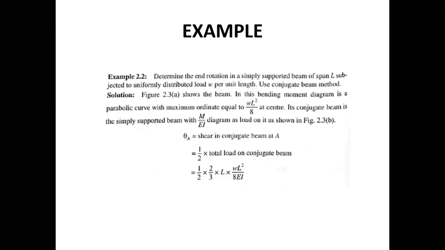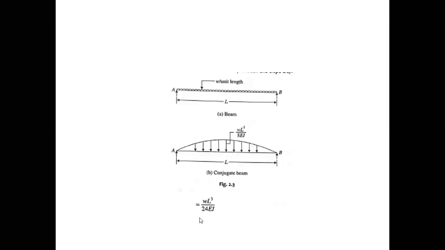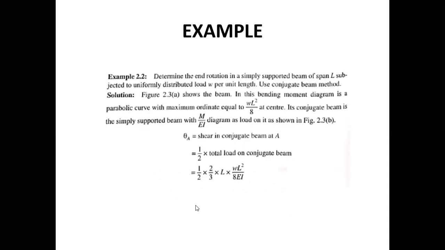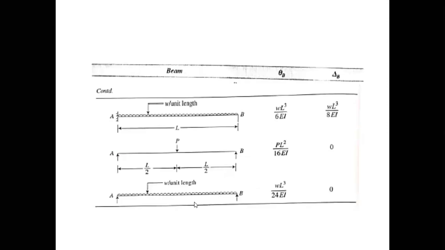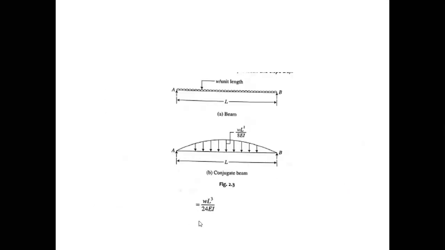So in this case, theta A becomes WL cube upon 24EI. We have studied this before in the standard case, that was here. That is WL cube upon 24EI, that is theta B. And the same we have calculated over here.